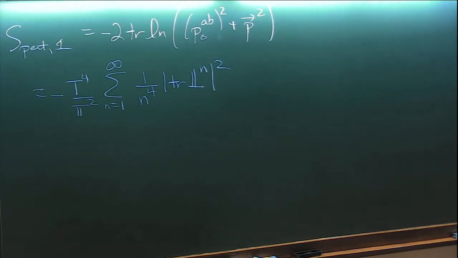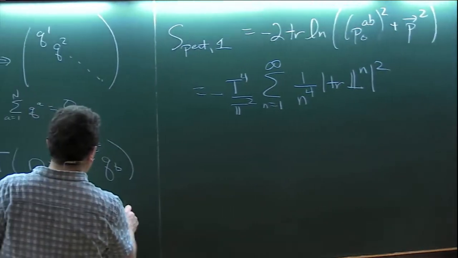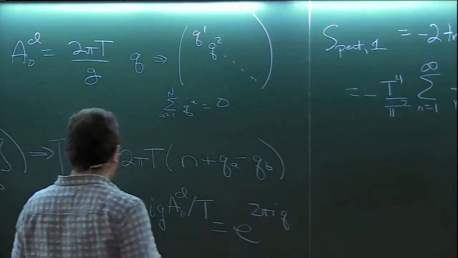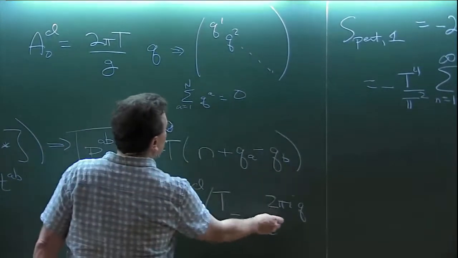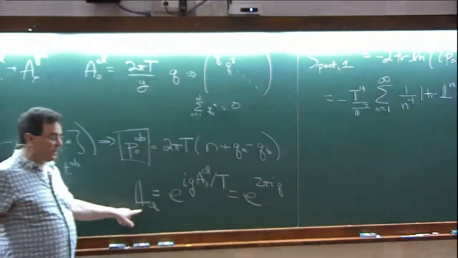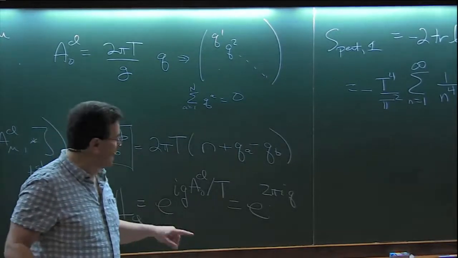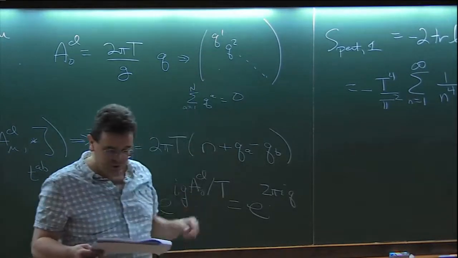So this is A_0 classical divided by T. So this is going to be e to the 2 pi i Q. And this is a matrix, remember, it's a diagonal matrix. And you might say the thermal Wilson line is a gauge variant operator. That's true, but its eigenvalues are gauge invariant, and that's what we mean to represent by these Qs.